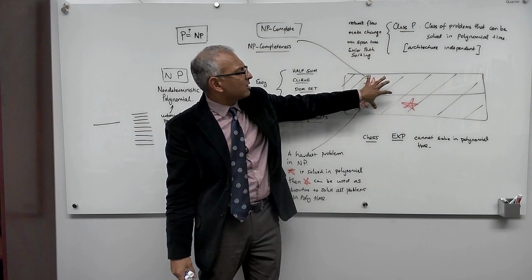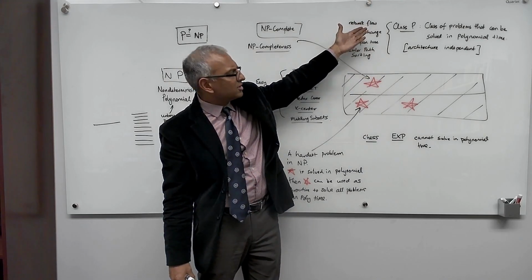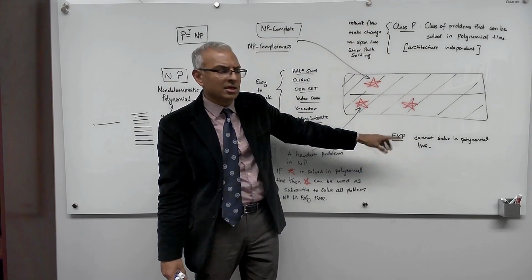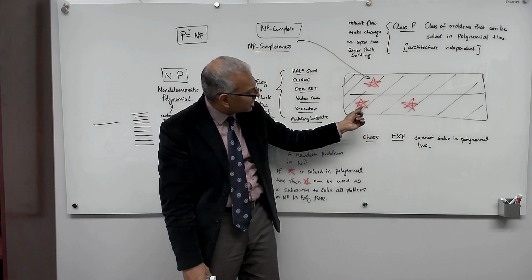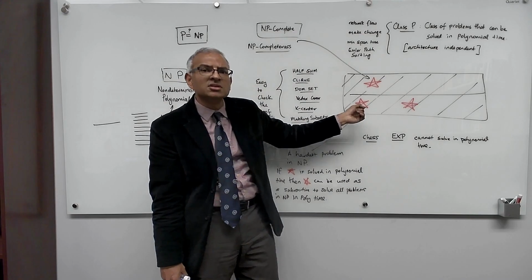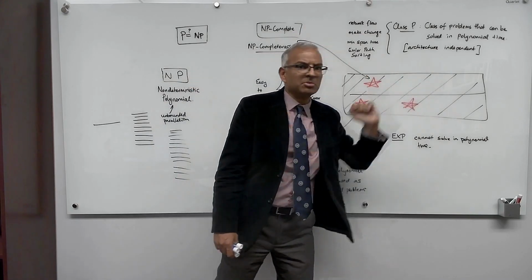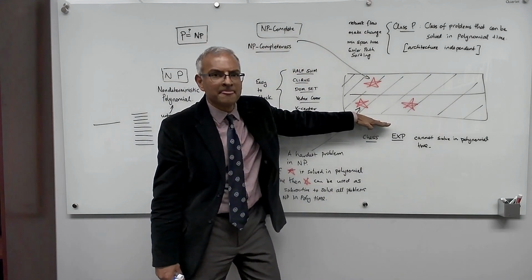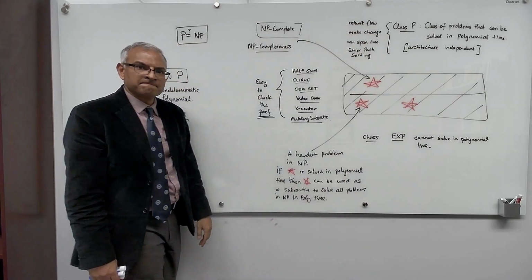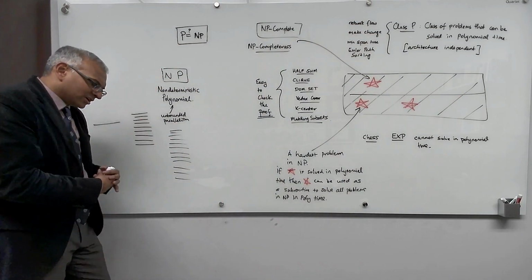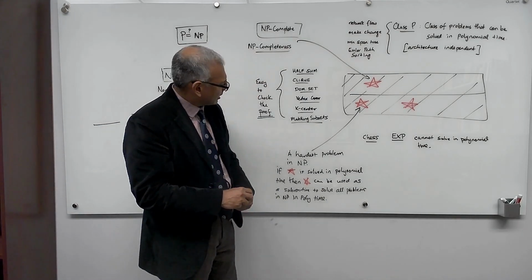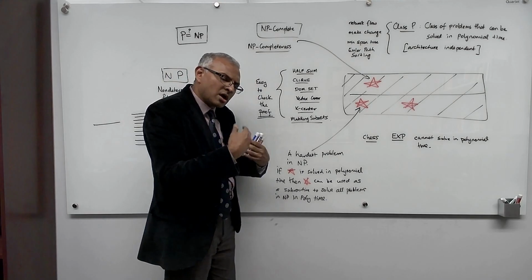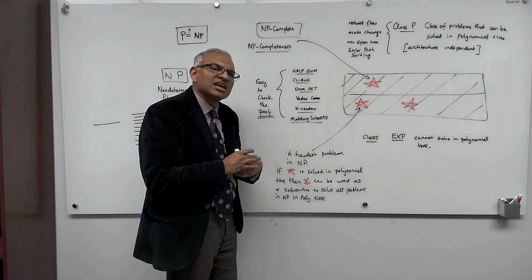In theory, all these problems either belong to P, they're either fast or they're slow. Okay? And an NP complete problem holds the key. If you can show that an NP complete problem is fast, all this region becomes fast. And the line drops here. Everything in this region is fast. Okay? So that's a little bit of a glimpse into sort of what we call complexity theory. Okay? So the theory of how quickly solvable problems can be solved.